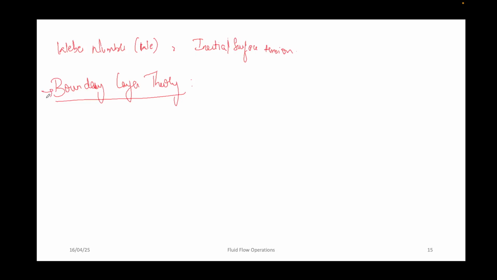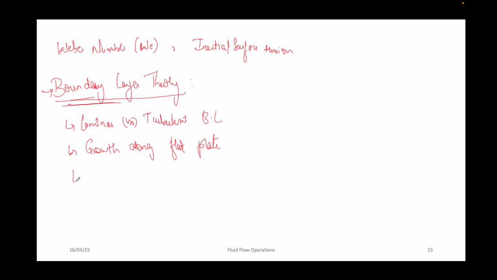So then we discussed about boundary layer theory. So we understood how the boundary layer forms in laminar and turbulent flows. Laminar versus turbulent boundary layer, and how this boundary layer grows along a flat plate, and then how the boundary layer gets separated.